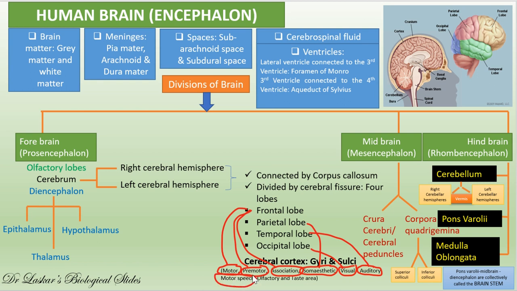Motor speech area is also present in the frontal lobe. Olfactory area is mainly present in the temporal lobe and it controls smell. Taste area lies in the parietal lobe and it controls gustation.